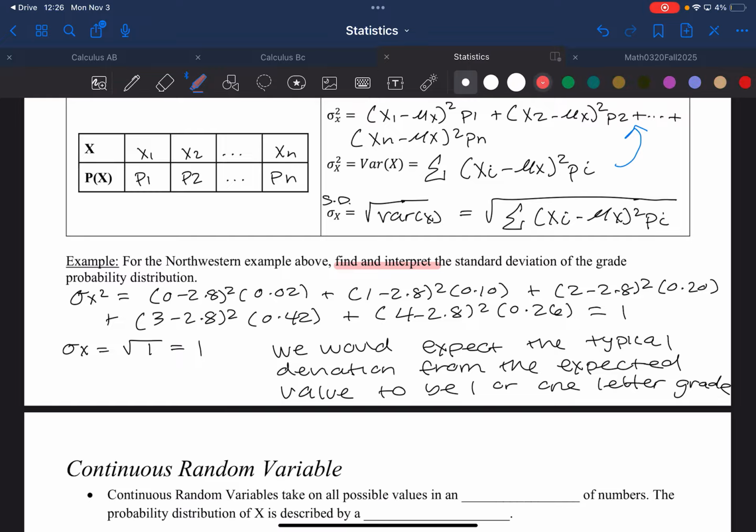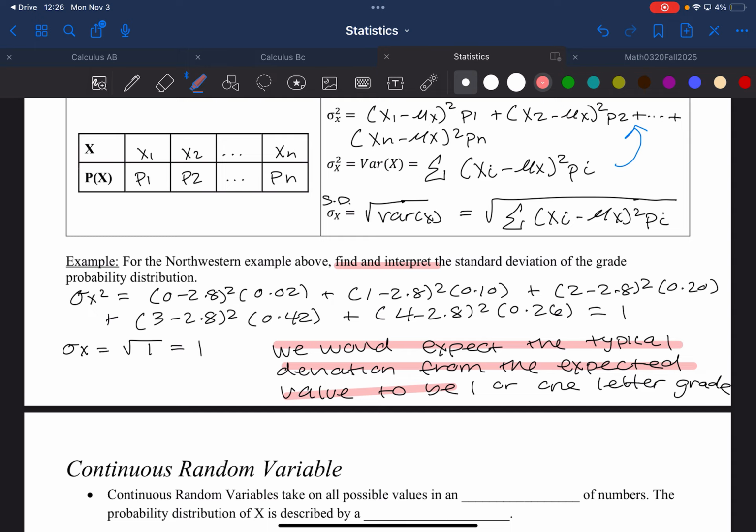Okay, so everything I'm about to highlight is what you would always write. We would expect the typical deviation from the expected value to be. You're always going to write that word for word. The rest of it's going to be based off the context of the problem.